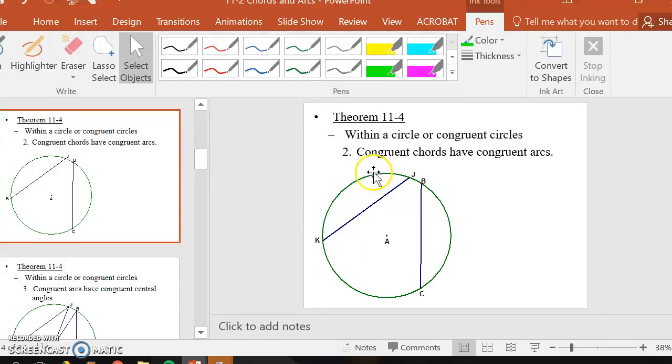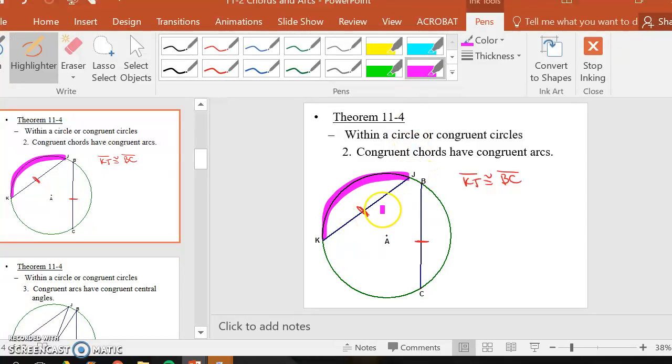Second one: within a circle or congruent circles, congruent chords have congruent arcs, meaning if this chord is congruent to this chord, so if KJ is congruent to BC, and these are segments, then we can conclude that this arc is congruent to this arc.